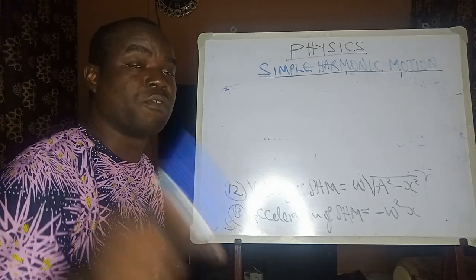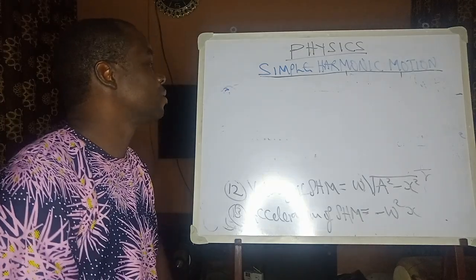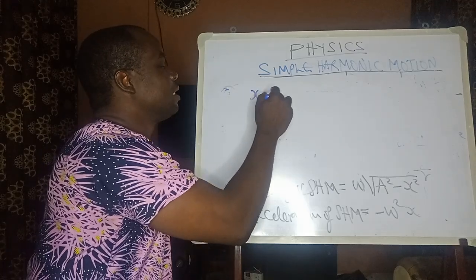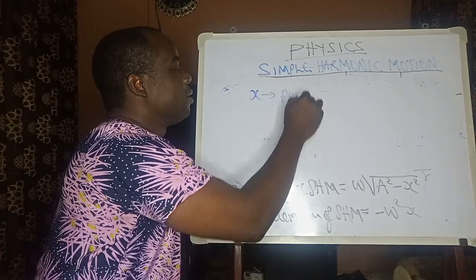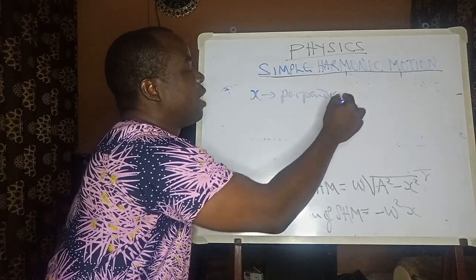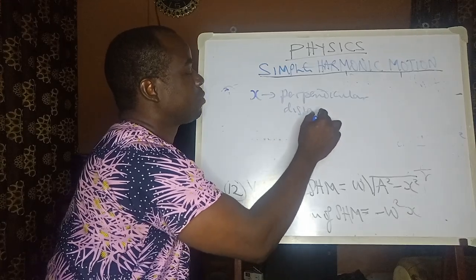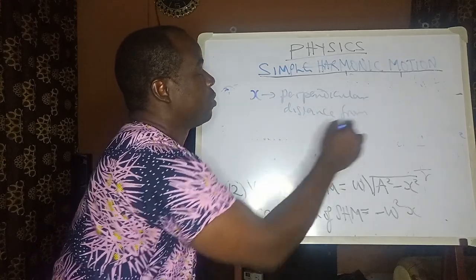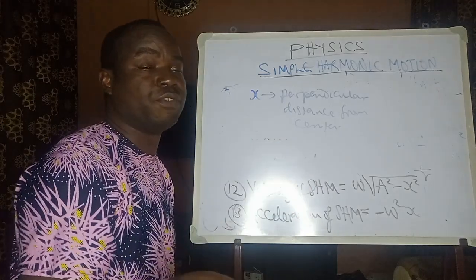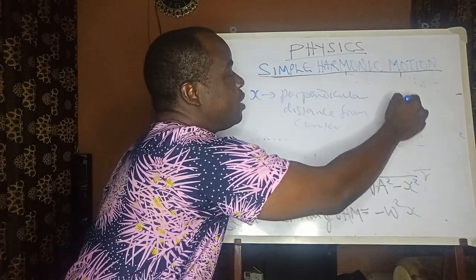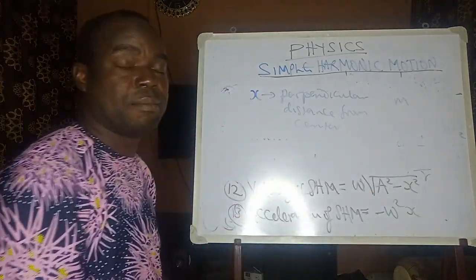So add it to your table of quantities, symbols, and units. So x stands for perpendicular distance from center. So please add it to that table I gave you in video 1. The unit is meter. In the unit side, write meter. The unit is meter, okay?